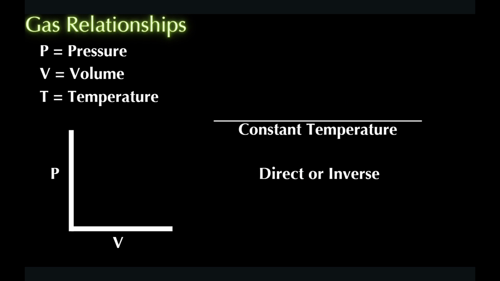Now, our next relationship is when we hold the temperature constant, and this is known as Boyle's law. Boyle's law is when we have a constant temperature. The chart for this shows that as I increase my volume, my pressure will decrease.